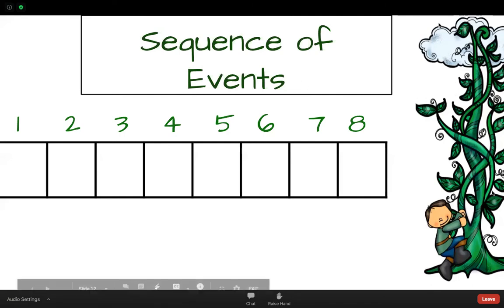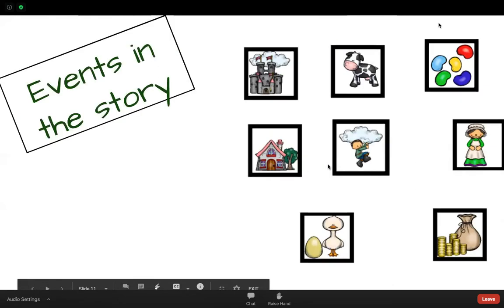So here's Jack, here's the beanstalk, and we're going to put these events in order together. Okay, so let's try to think about what happened first, and then what happened, and maybe even what happened last. So let's take a look. All right, here I have a castle. I have a cow. Oh, yeah, I remember hearing about the cow.